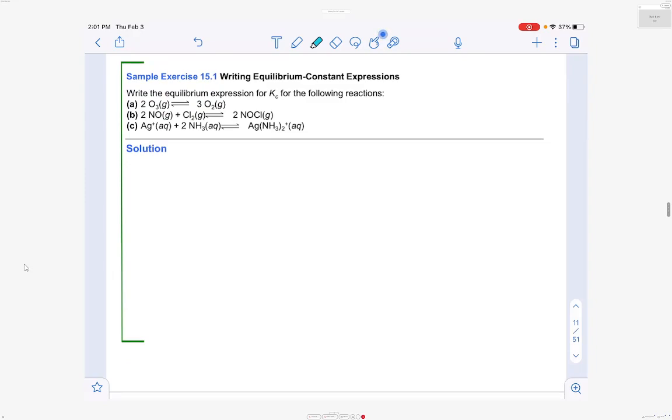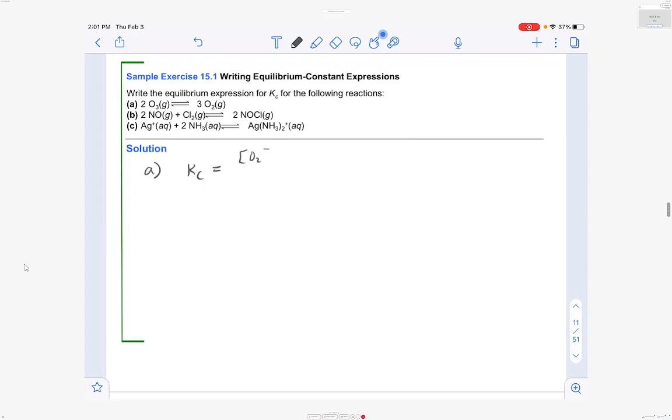So now let's do a practice exercise. We know the general formula for how to find Kc. Let's find the equilibrium constant for reaction A. The Kc numerator is going to be the product concentration, raised to a power equal to its coefficient.